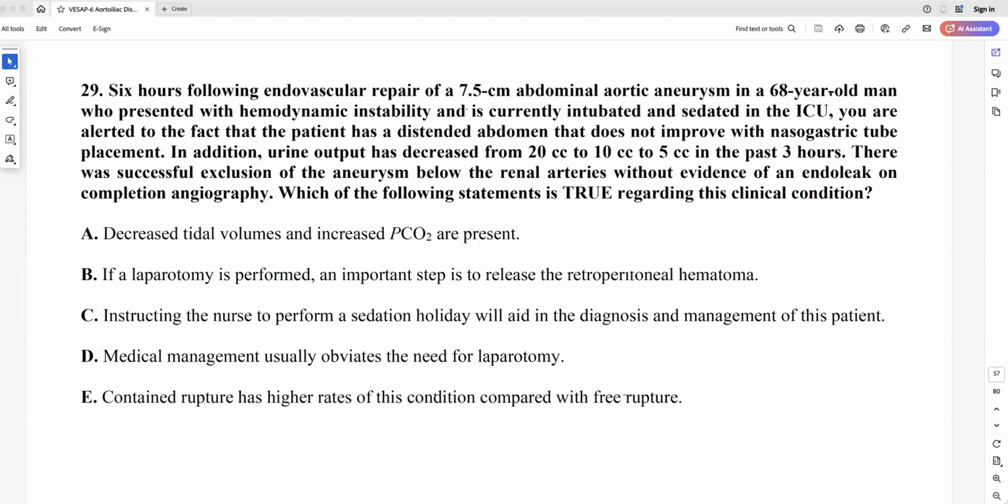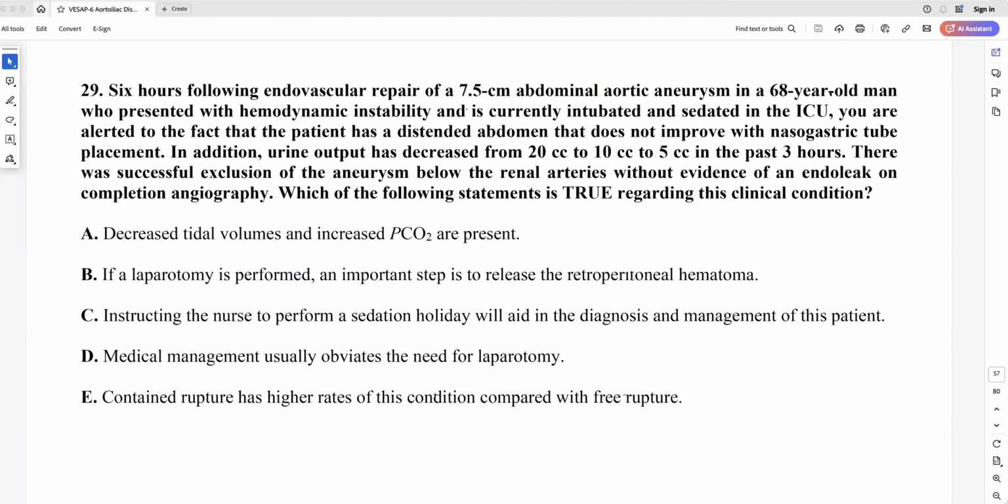In addition, urine output decreased from 20 cc to 10 cc to 5 cc in the past 3 hours. There was successful exclusion of the aneurysm below the renal artery without evidence of endoleak on completion angiogram. Which of the following is true regarding this clinical condition?